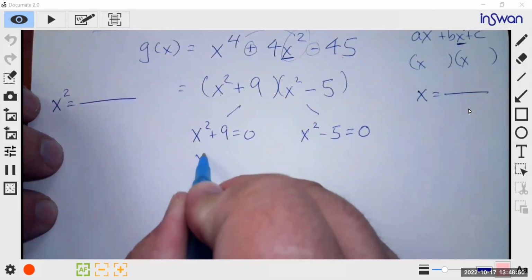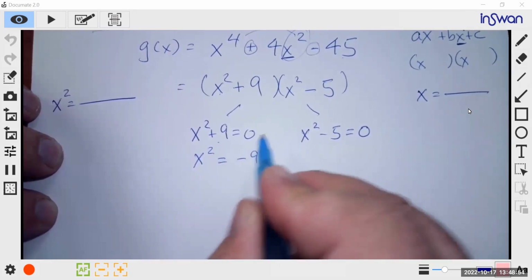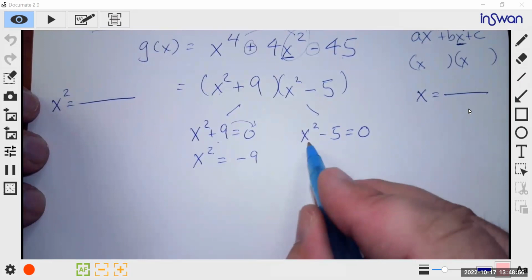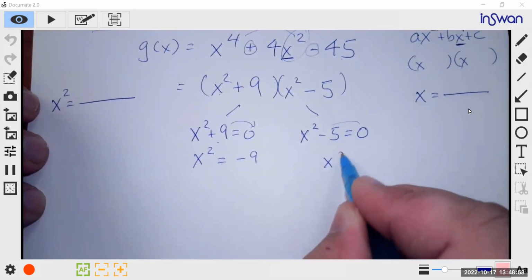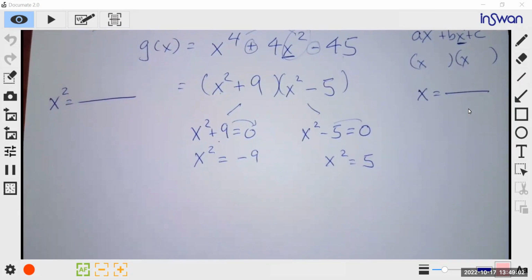So in this first one, we have x squared equals -9. We subtract 9 from both sides, move it over. Same with this one. X squared equals +5. Then what do you do? You're solving for x. What do you have to do next?